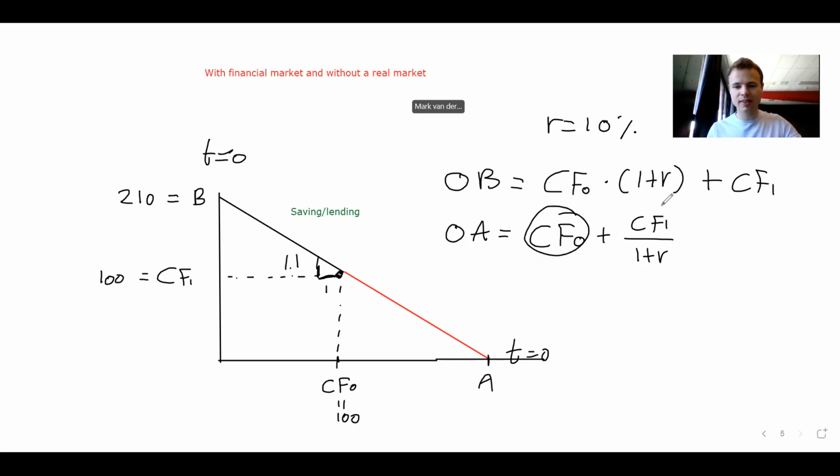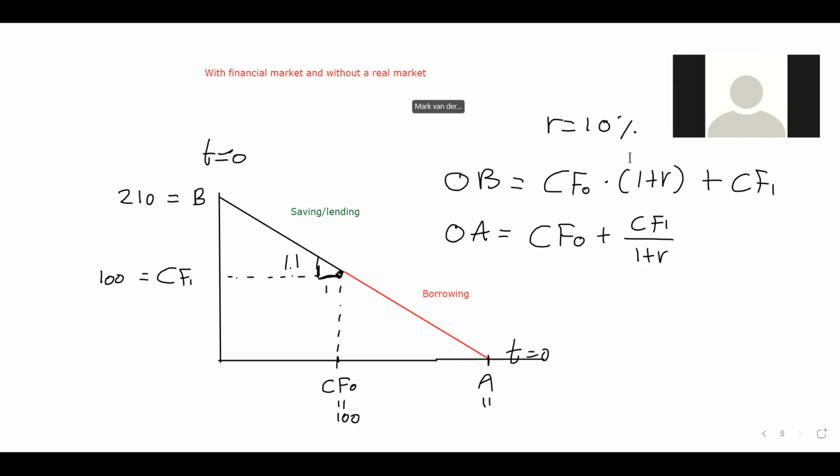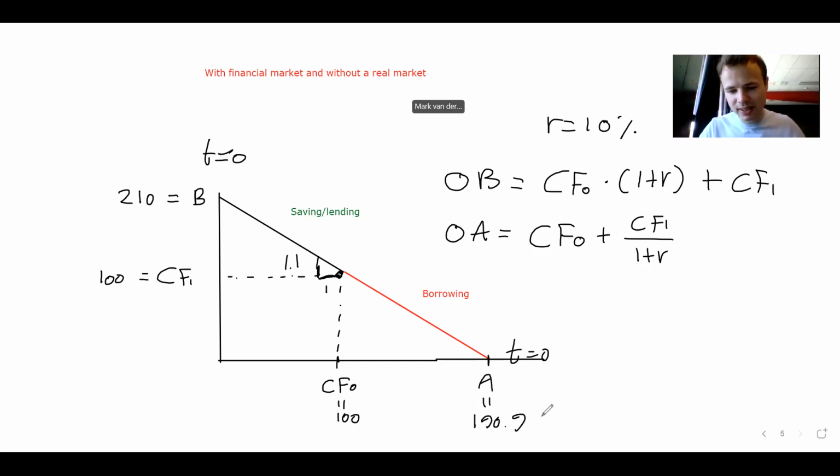So it's 100 plus 100 divided by 1.1. So could you give it with 2 extra decimals? Yeah, there it is. Yeah, very good. 190.9. Very good. So the maximum amount we can consume today is 190.9.